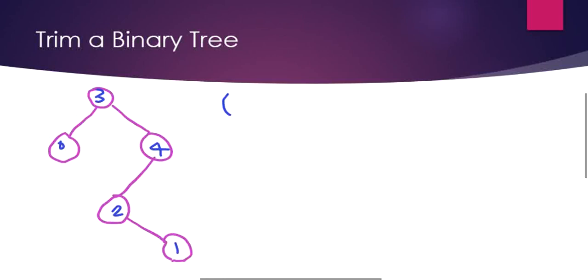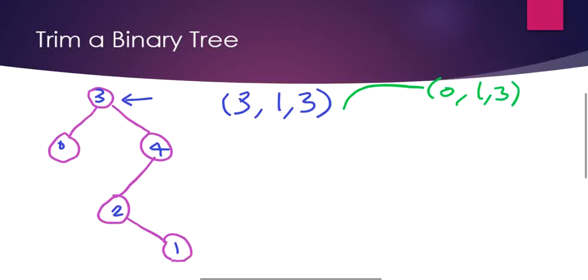So now starting with our root node, we are going to send 3, the root node value, and 1 the low value and 3 high value. So now this method is going to call two other methods, that is its left child 0, 1, 3 and its right child 4, 1, 3.